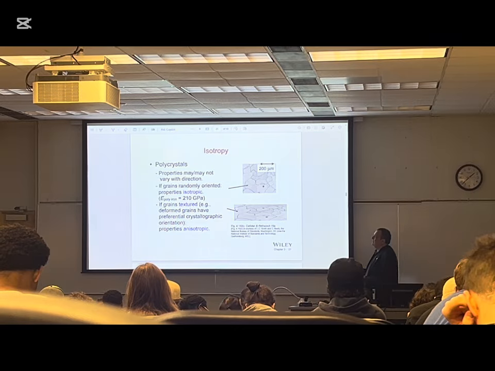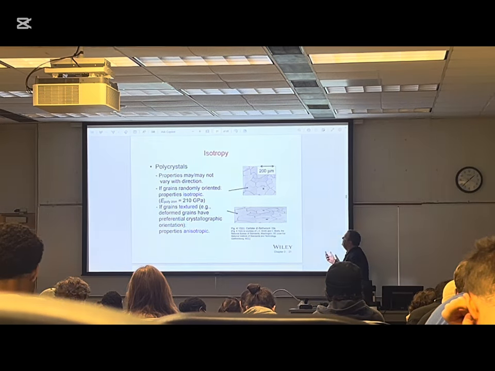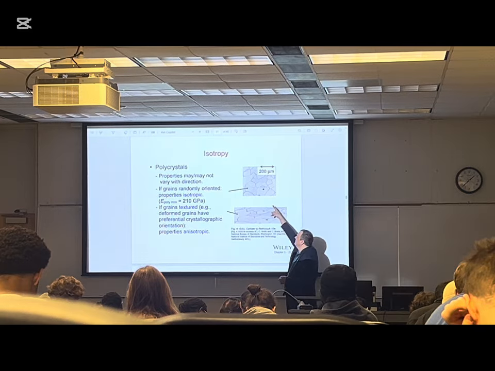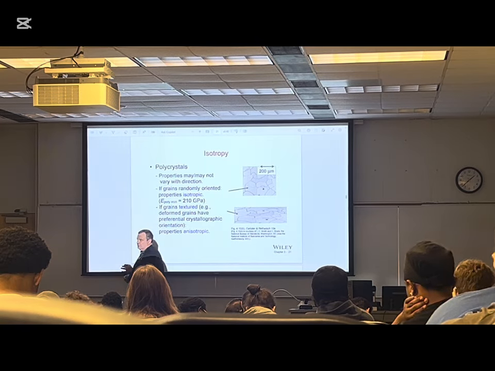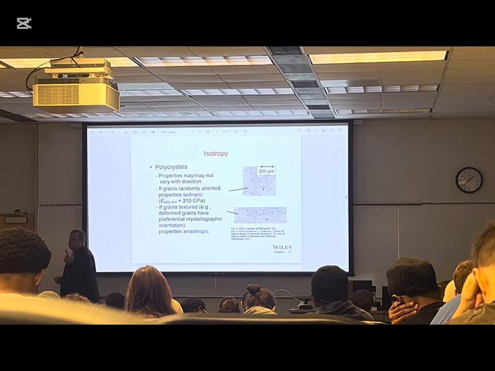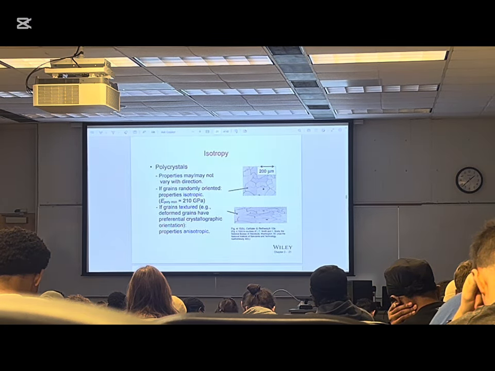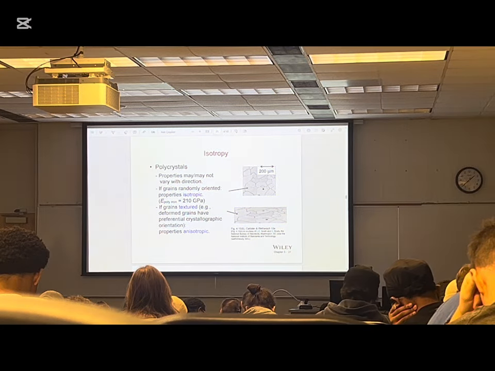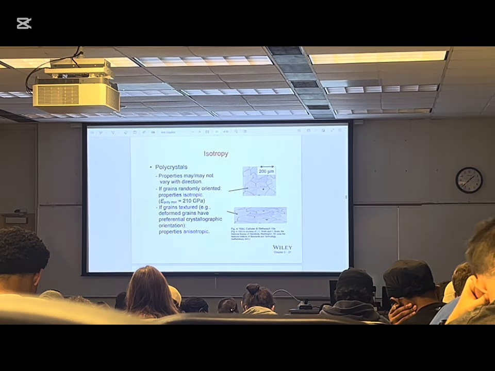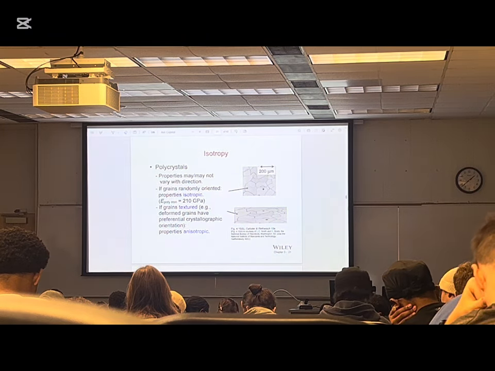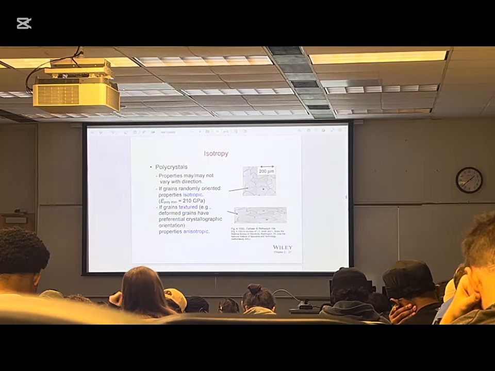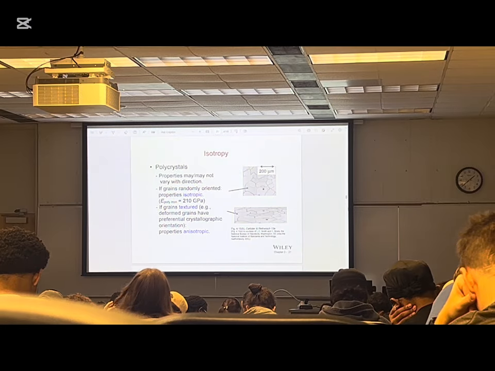Anisotropy versus isotropy. 20 micron scale over there. Each one is an individual grain. Please remember, each grain is a single crystal, meaning that all the atoms are positioned in the same way. The orientation of this grain can be different in 3D, and that's what I showed you in that paper. Okay?